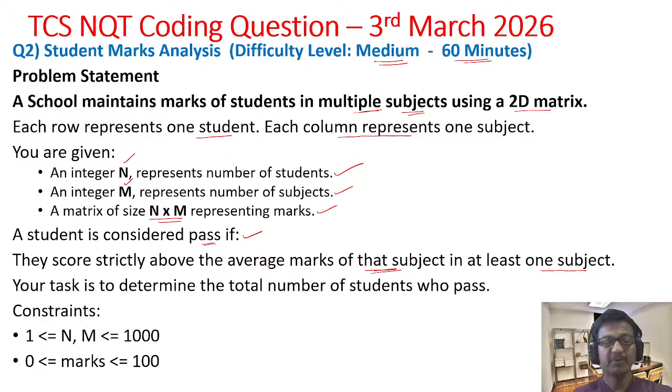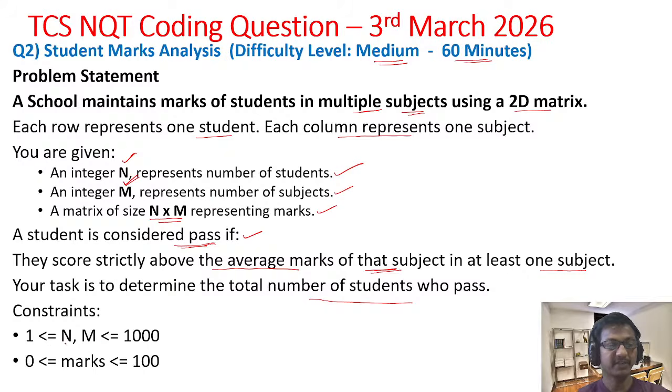If he scores above that average in at least one subject out of m subjects, then he can be considered as a pass. Your task is to determine the total number of students who pass, so we need to find out how many students have passed.